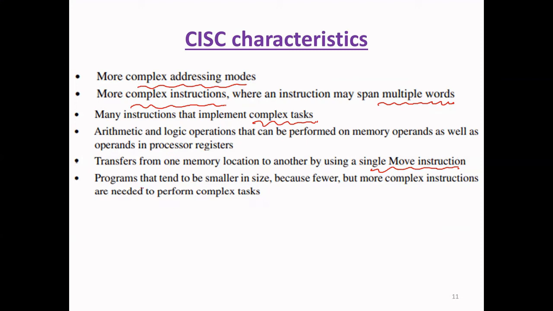Because of more complexity in instructions, each instruction will do complex tasks, so programs tend to be smaller in size. That is the advantage. So these are all the CISC characteristics.